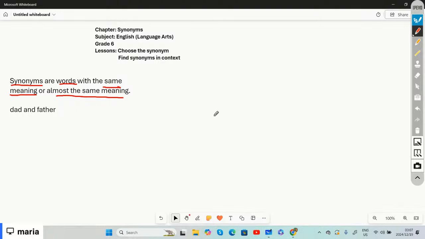If we look at an example of a synonym, the word that is the same as or almost the same as dad is father. Some people say father, some say papa, some say dada. Whatever word you call it, whether it's in your own language, dad and father are synonyms. They are words with the same meaning or almost the same meaning.